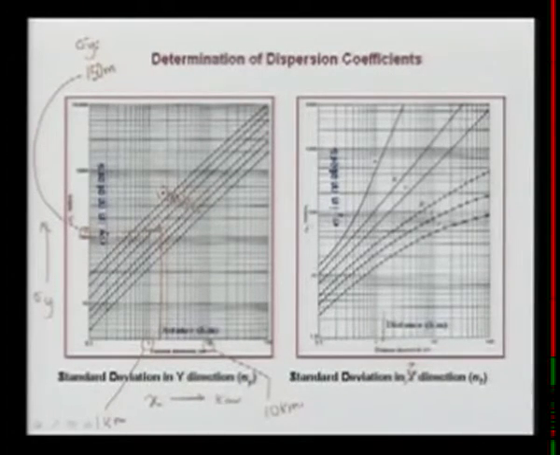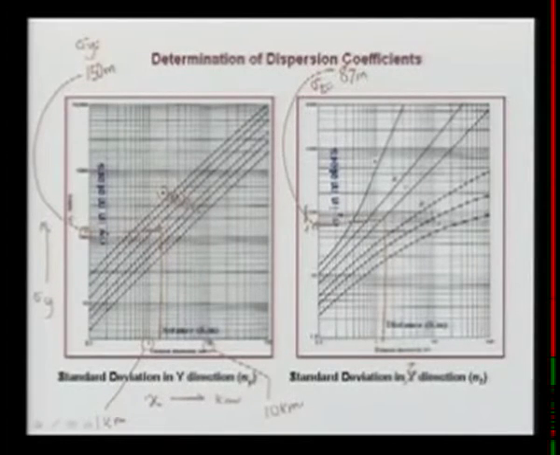So we go on this graph to find the value of sigma z. You come here and then you move on to the y axis, and this is coming to 87 meters. So my sigma z is 87 meters.